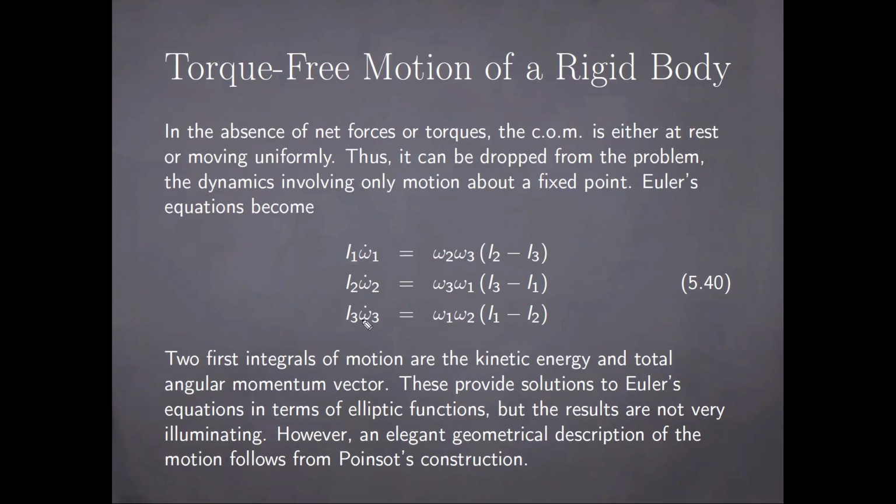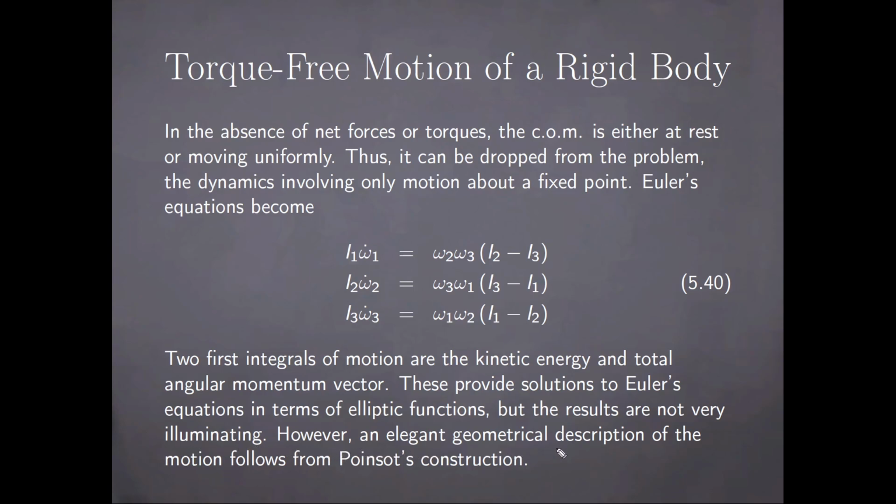Euler's equations then acquire the form here, which follows simply from the fact that the external torques vanish. And two first integrals of motion for these equations are given by the kinetic energy and the total angular momentum vector. This provides solutions to Euler's equations in terms of elliptic functions, but the results themselves are not very illuminating.